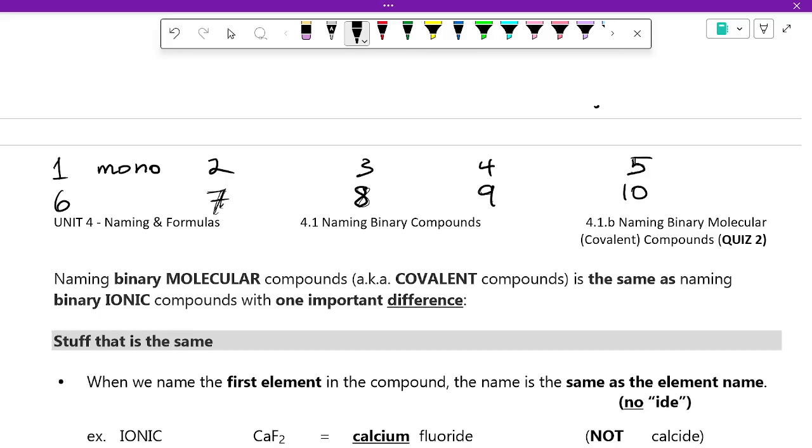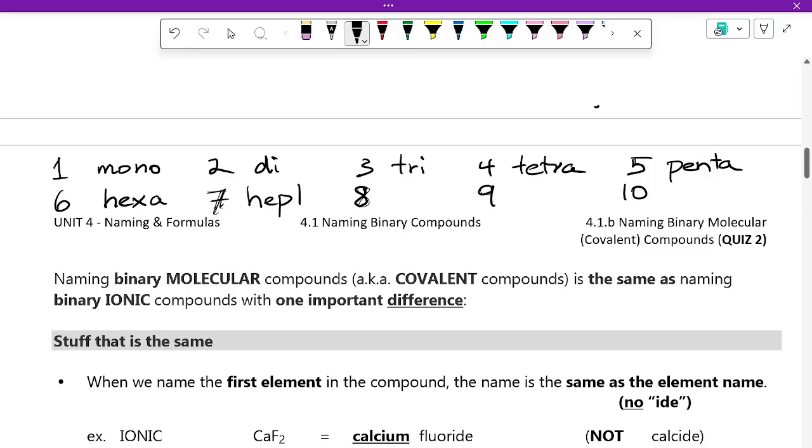Okay, one is mono, two is di, three is tri, four is tetra, five is penta, six is hexa, seven is hepta.